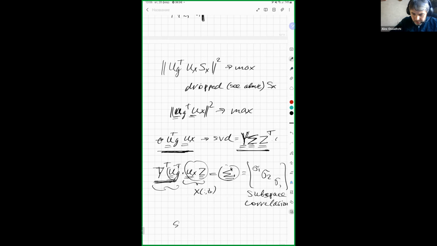This vector, we denoted subcore of huge subspace spanned by the columns of UG and subspace spanned by the columns of UX is a vector sigma 1, sigma 2, sigma n, where n is minimum of n columns of UG and UX. Okay, of course, it's not exactly this. It depends. You are assuming that all columns of UG, of course, are orthogonal, right? And UX as well. So, okay.